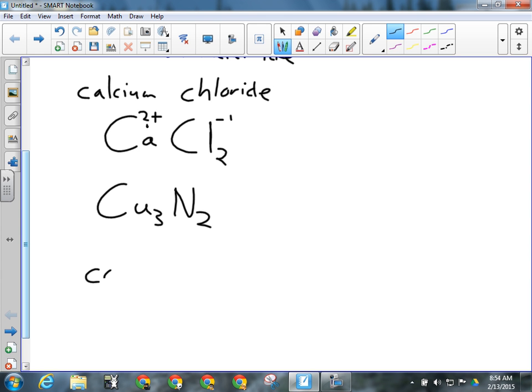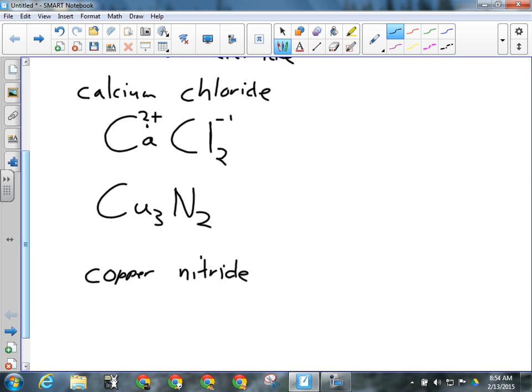I just write out the name of the metal, copper, and then the name of the non-metal, nitrogen. What's wrong with that? It should be nitride, right? Because the non-metal always ends in "ide."